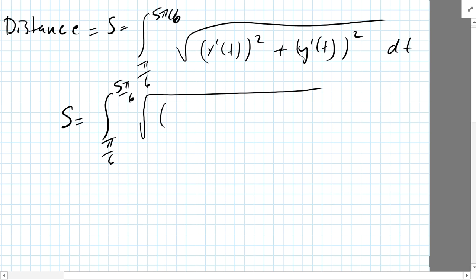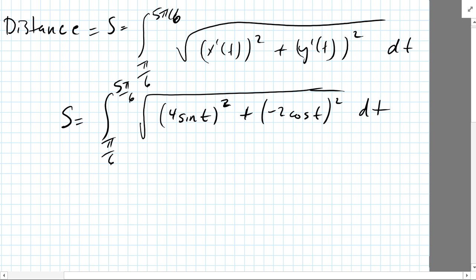When you're taking the derivative of square root of 3 minus 4 cosine of t, what's its derivative? Just sine of t, right? 4 sine of t, yes? Squared. Plus, what's the derivative of the y component? Negative 2 cosine of t, squared, dt.